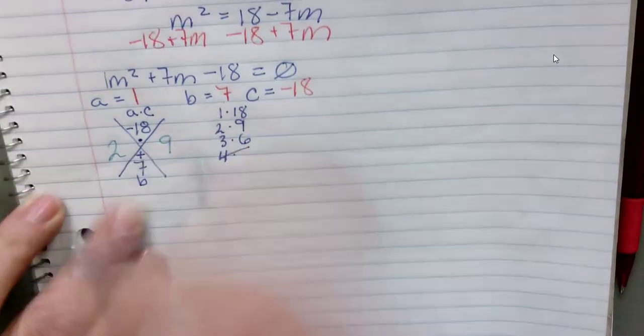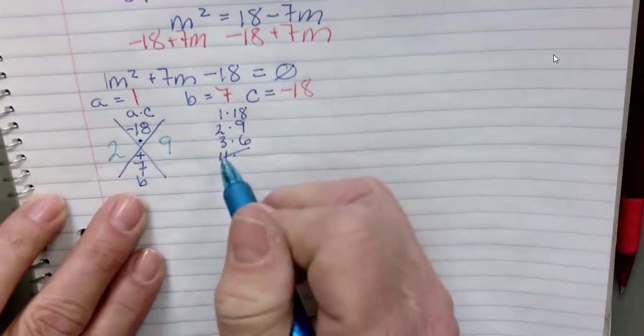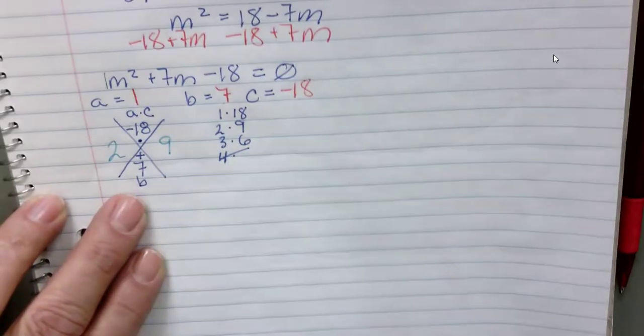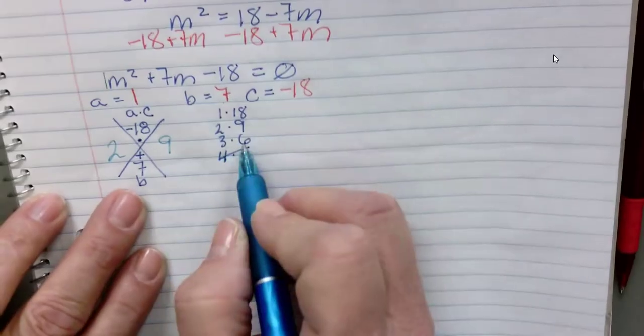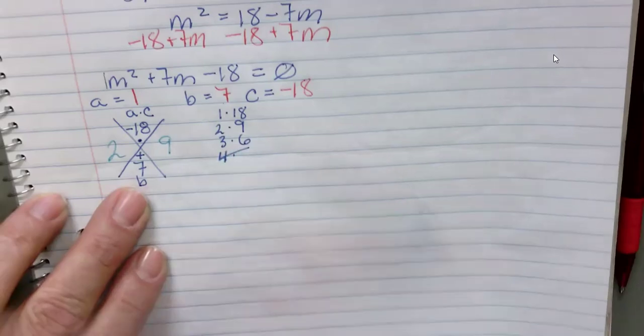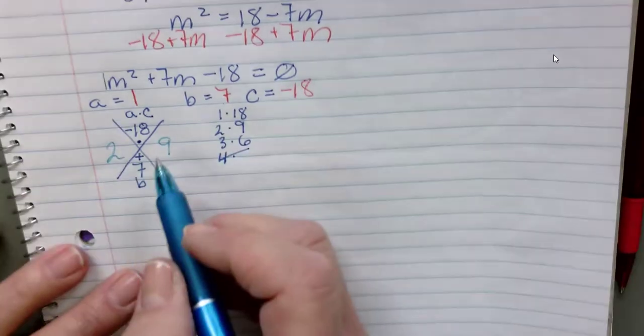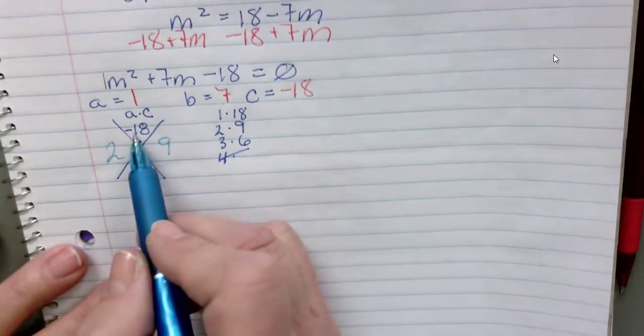I'm going to write them down. I am, however, going to double check the next one in case a different set will give me the right answer. 3 plus 6 is 9. That's not a 7. 6 minus 3 is 3. That is not 7. So the 2 and 9 must be my answer. One of them has to be negative because I need to multiply to get a negative 18.